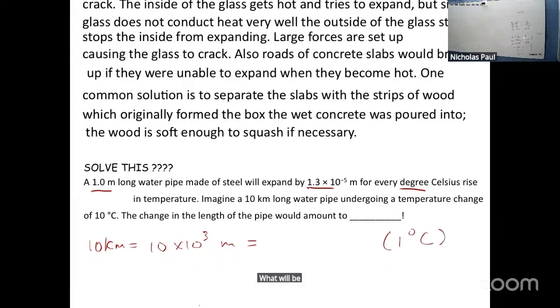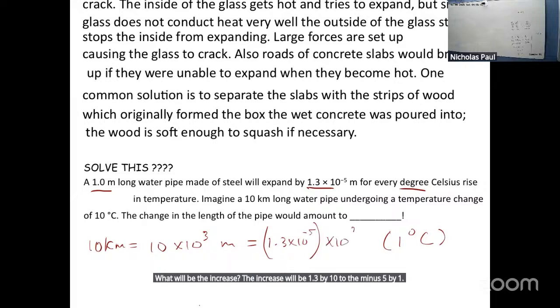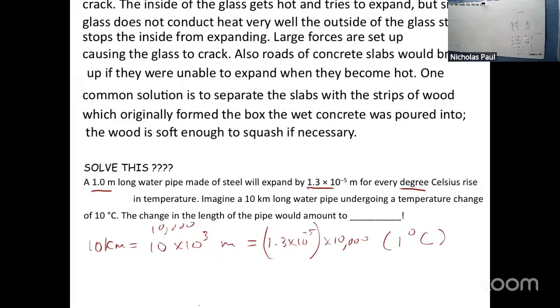The increase will be 1.3 by 10 to the minus 5 by 10,000. That will be 10 to the 4, right? So that will be the change for 1 degree Celsius.